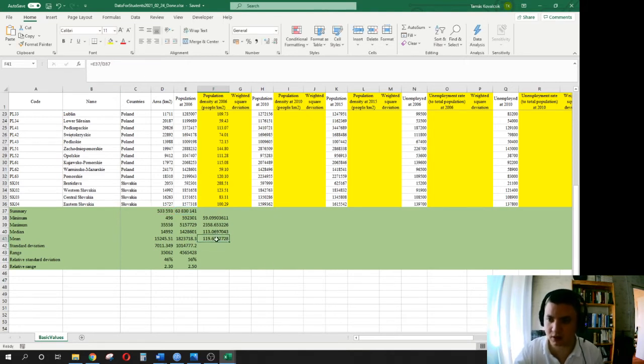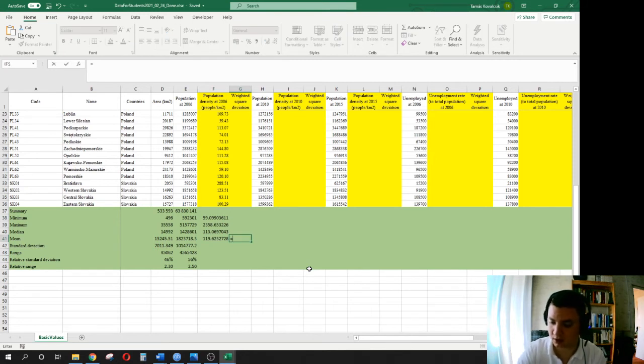If you use the average function in Excel, you just get the wrong value.